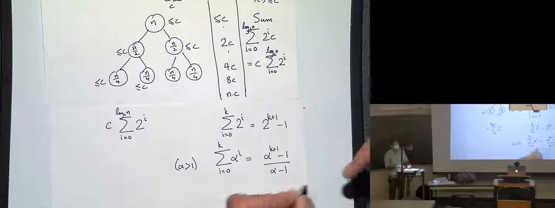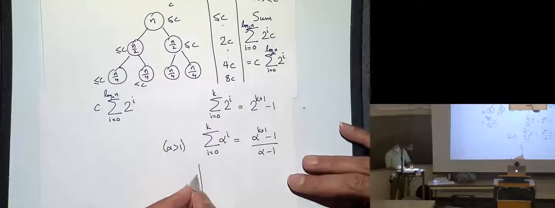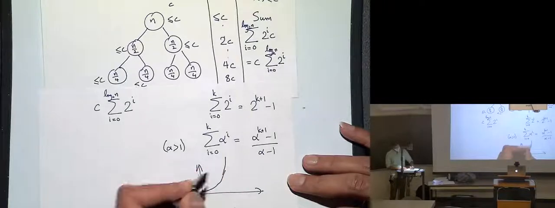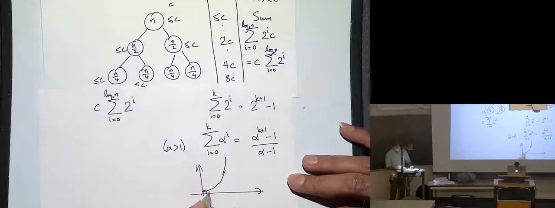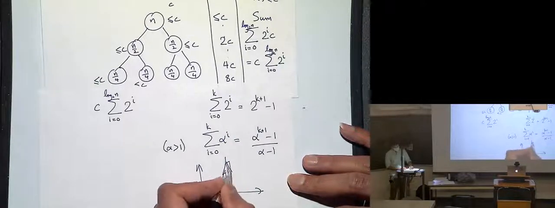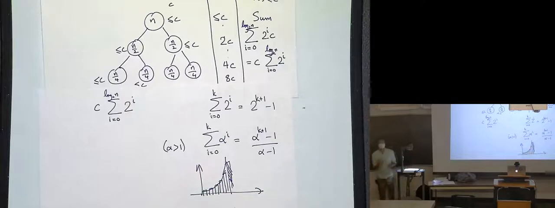Right? And if alpha is less than 1, it's flipped. Another way to think of this is you have an exponentially increasing function, and you're summing this up term by term. It increases so rapidly that the last term is essentially everything.